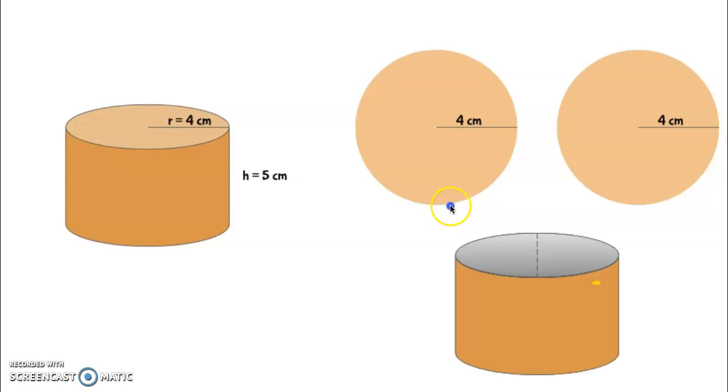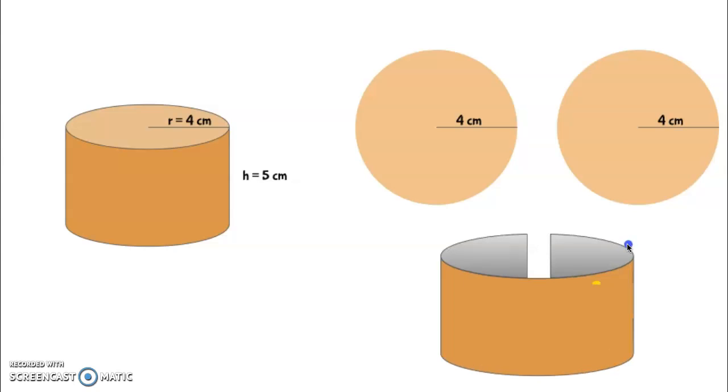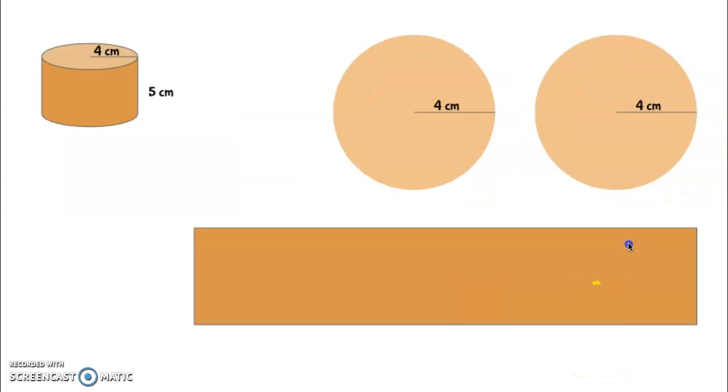And then that leaves us with that sidewall or tube. And if we were to cut down the side of the tube, it would help us to find the area because we need to lay this shape out flat to see it in 2 dimensions. So if we were to cut that down the side and unroll it, we'd see that it gives us a rectangle. And so then our cylinder in the end is made up of 2 equal circles and a rectangle that forms the tube of the cylinder.